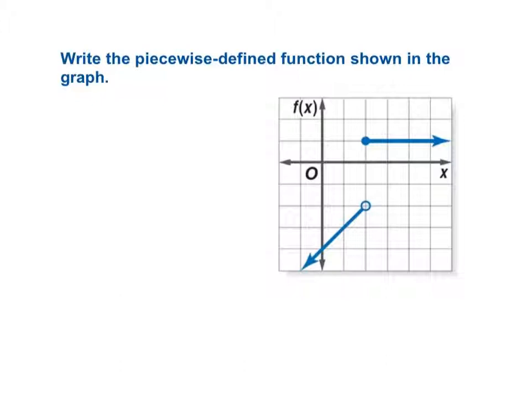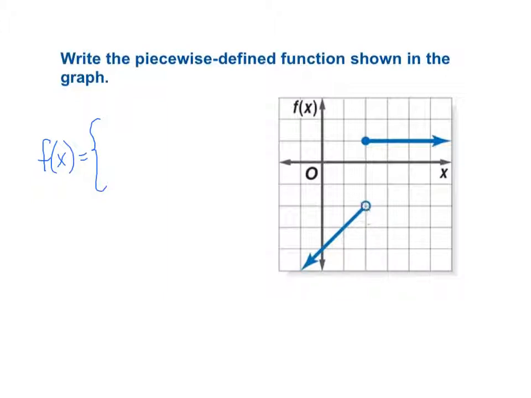Okay, remember that a piecewise function is going to have a function, like we'll call this one f of x, equals. I know that there are going to be two pieces to this function because I have this horizontal line that goes to here, and then I have another line that goes through here.